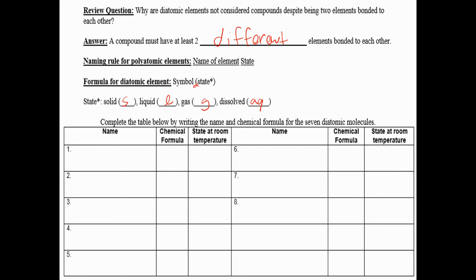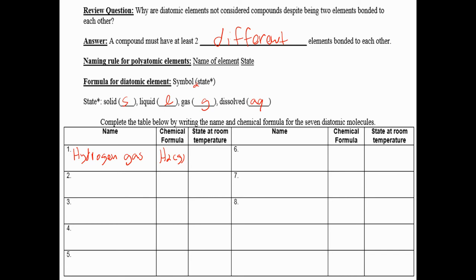So let's start off with hydrogen gas. That would be the name. Our formula for that is H2(g). Now, in chemical reactions, we'll often just say hydrogen, and you should know that that does mean hydrogen gas.